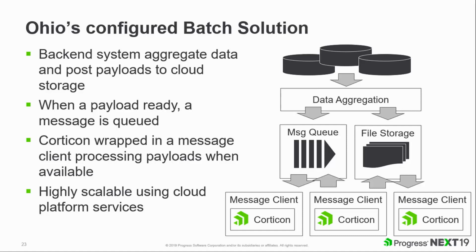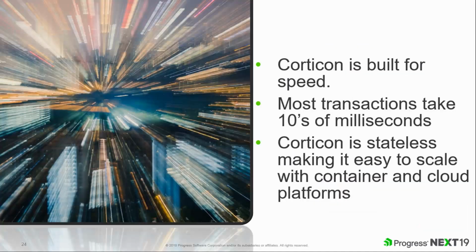On any given day, there might only be a couple of Corticon servers running, but when they do their end of month processing, it just scales up automatically to the dozens that are needed to process the load in the time that's needed. So that's here. And Corticon, we're built for speed. Corticon is very fast.